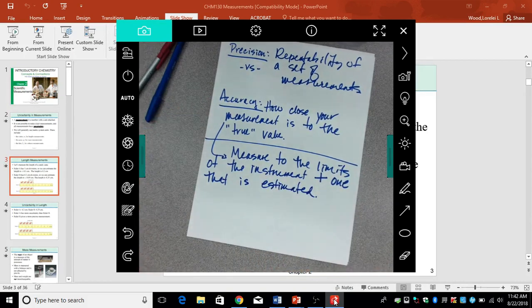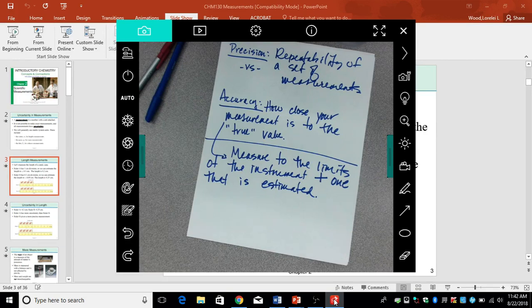I'm going to say that definition again. When you're measuring anything in lab, and this goes from this point forward into chemistry lab for the next 15 weeks, anytime you use an instrument in chemistry lab to measure something, you must go to the limits of the instrument plus 1 more that you estimate.